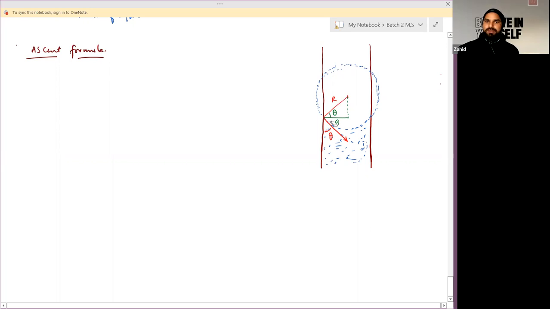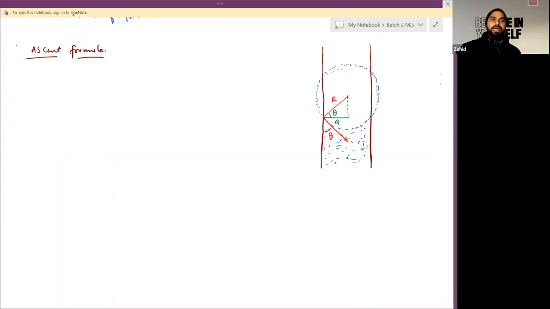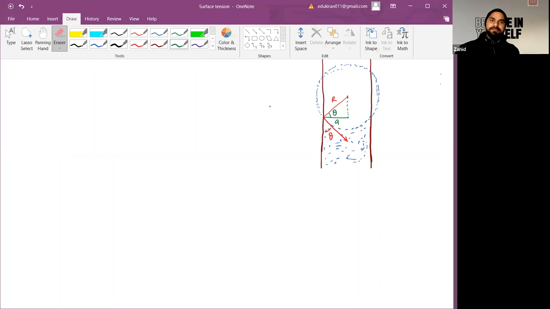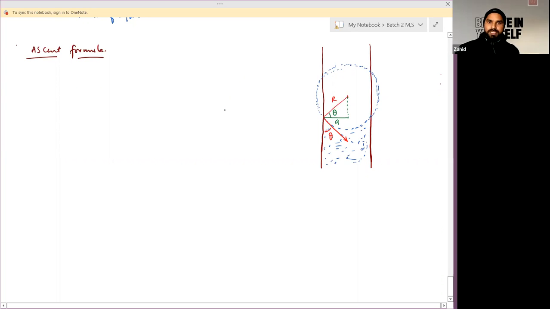If this is theta, then this must be 90 minus theta, so this will be theta. We have to calculate the relation between R and a from this part. So using this triangle, perpendicular, hypotenuse and base, we can write cos theta equals base by hypotenuse. So R equals a by cos theta.